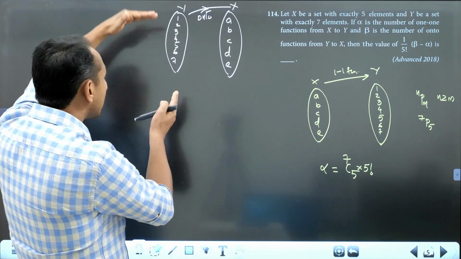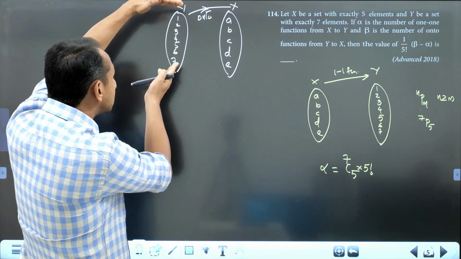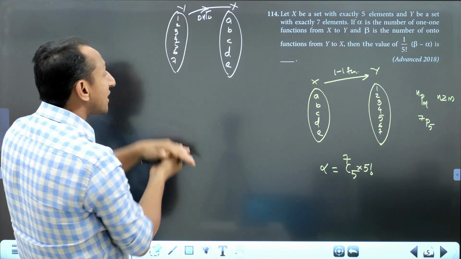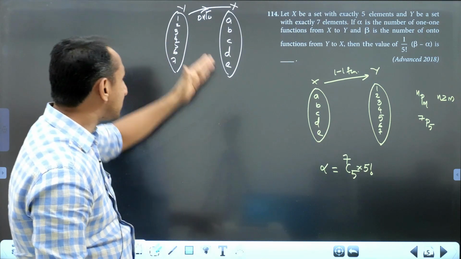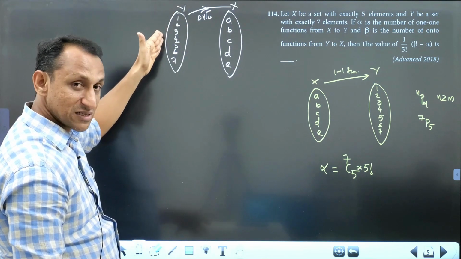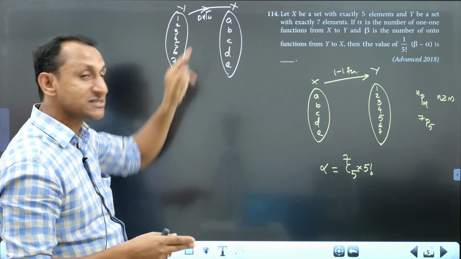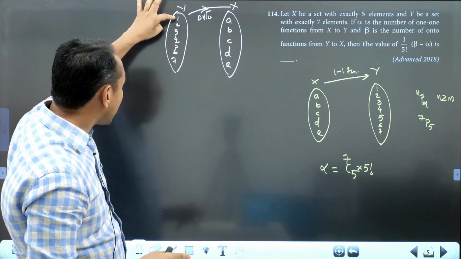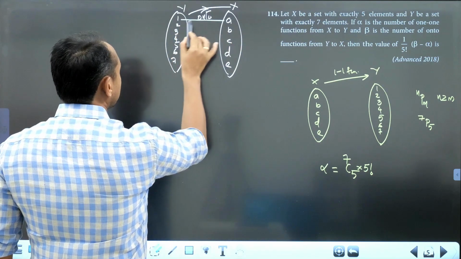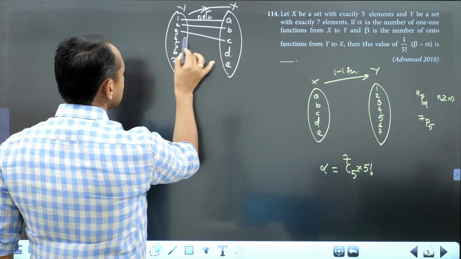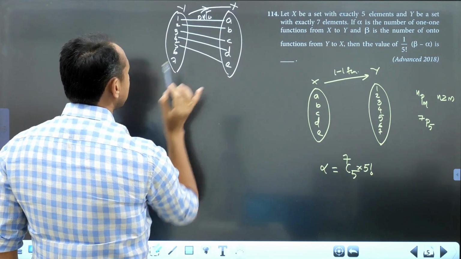So we group these 7 elements into 5. Why? This contains 7 elements, and function means every element has an image. Here 1A, 2B, 3C, 4D, 5E.